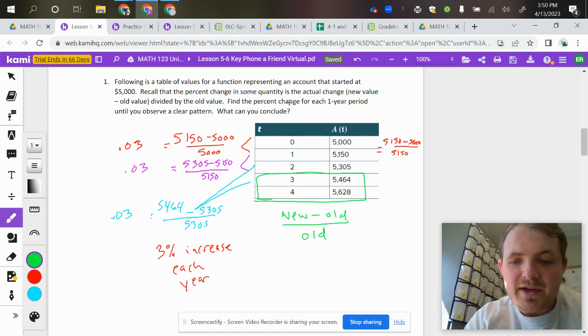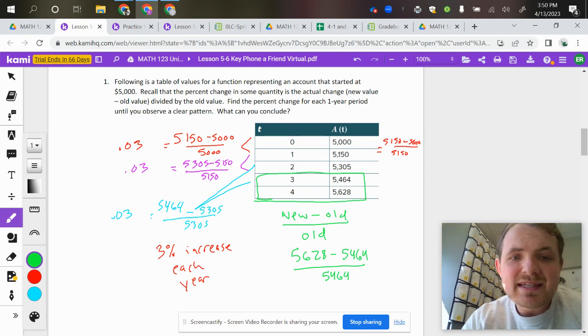My new value is 5628, and my old value was 5464. My old value is still 5464, and again, this is my percent change.